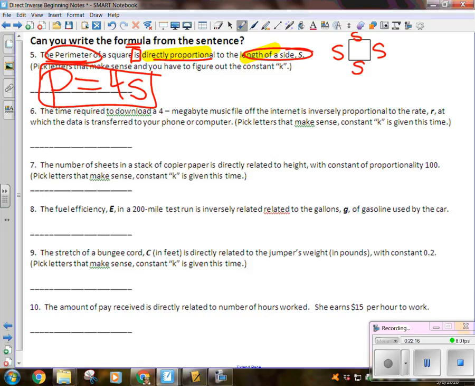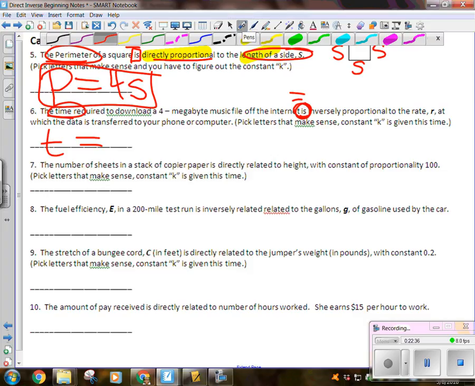The time required to download a 4 megabyte music file off the internet is. Right there's my is. So some word to the left is going to be my first one. Time. What letter do you want to use for time? T. Then it comes is. Now, how is it related?